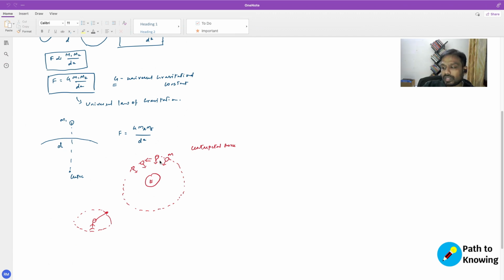In this case, if the Moon exerts a force towards the Earth, and we call that centripetal force, there should also be an opposite force acting on the Moon by the Earth, and that is Newton's third law. That is the reaction, and that force is called centrifugal force. We might learn this in other grades or classes, but the reaction part of this is called centrifugal force.